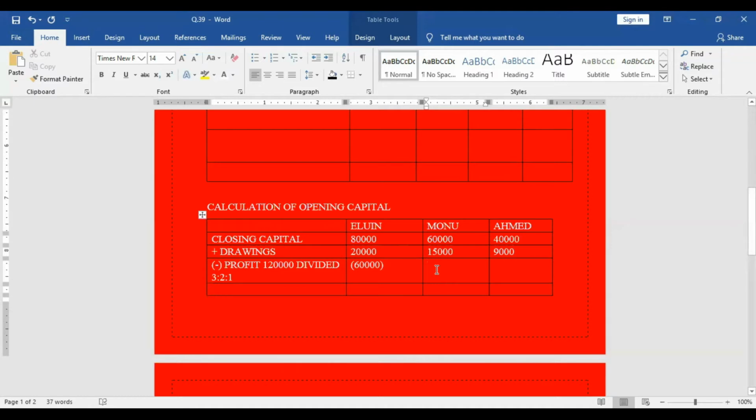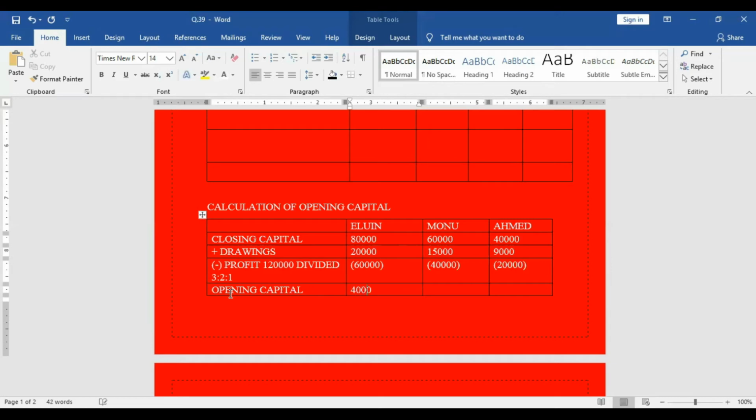The net effect will be the opening capital. So for Yelun, 80,000 plus 20,000 is 1 lakh, minus 60,000.